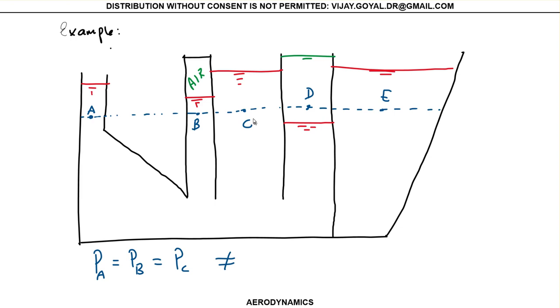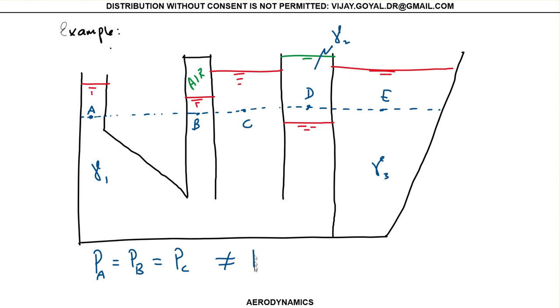Why? Because this is all the same fluid. Since it's all the same fluid, I can say the pressures here and here will be identically the same because we look for absolute pressure. However, here my gamma is different. If I call this gamma 1, this gamma 2, and this gamma 3, these pressures are different.